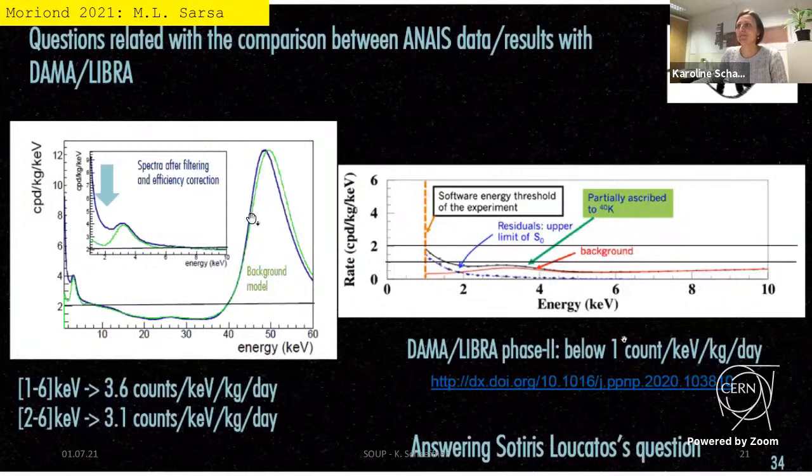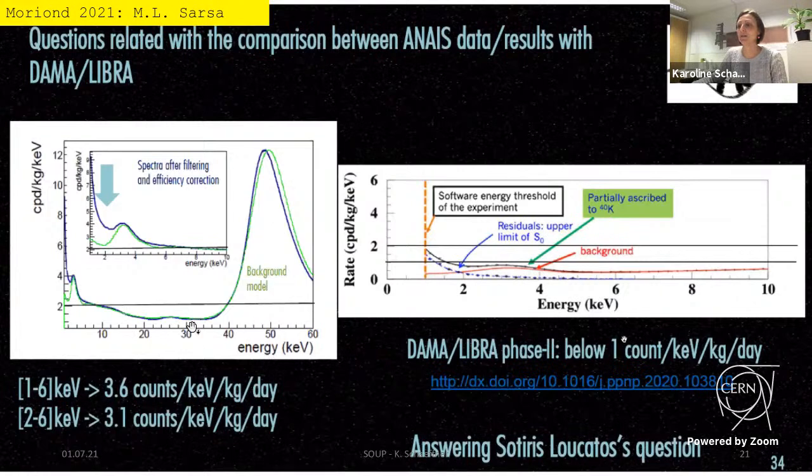Okay, so to compare their sensitivity a bit to DAMA. Here you see the background spectra. In blue here is the data. You see here some decaying, then there's the 3 keV bump, and then it goes on.